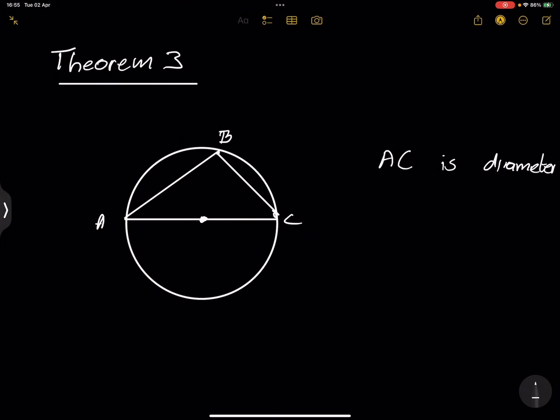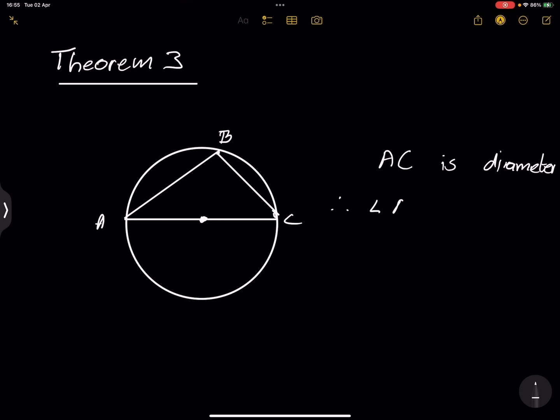It is a line that cuts the circle into 2 equal parts, or you can say that it is a chord that divides the circle into 2 equal segments.